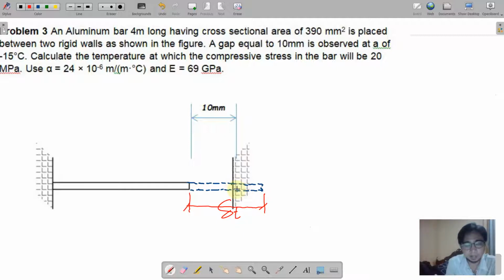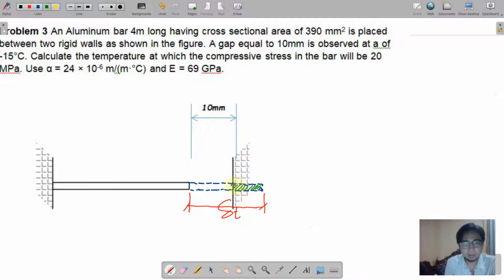Mapupush na yan kapag lumampas siya dito sa gap na to. So once this exceeds that line, it will begin to have a compressive stress. I'll just shade this portion. This shaded portion here is where there is already a stress in the material.